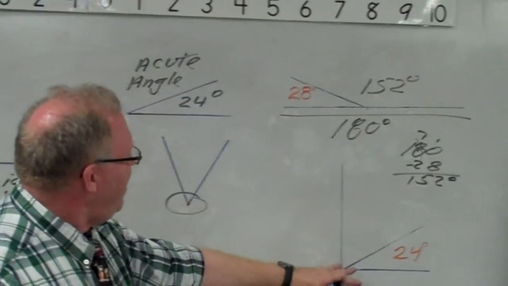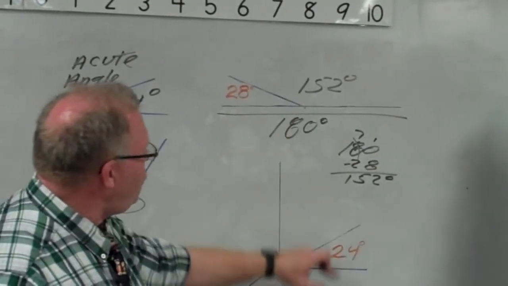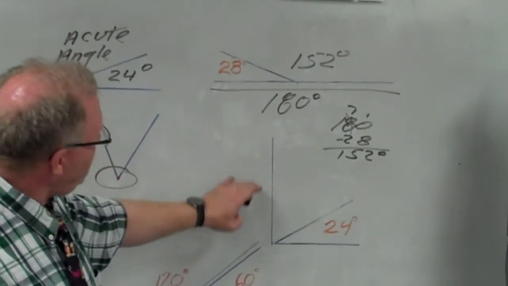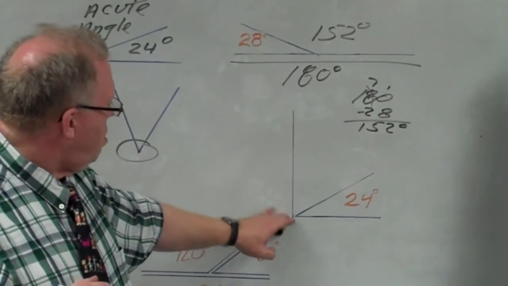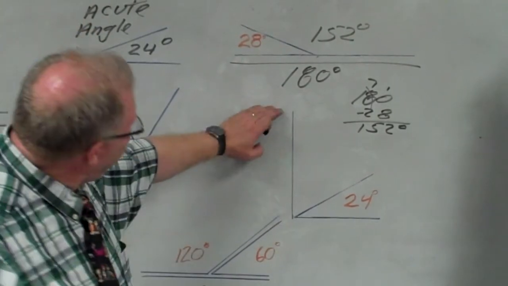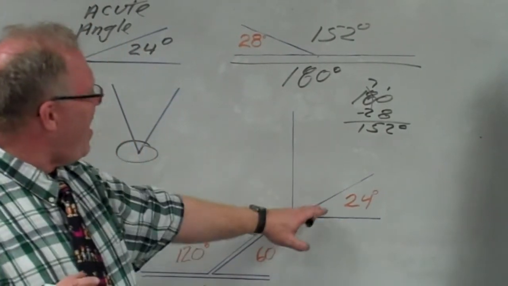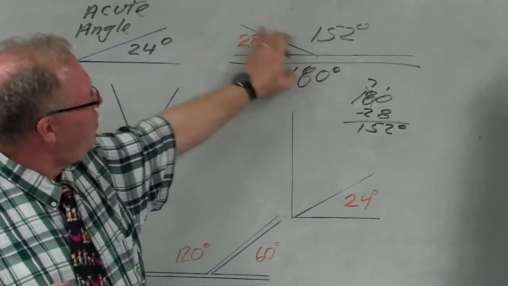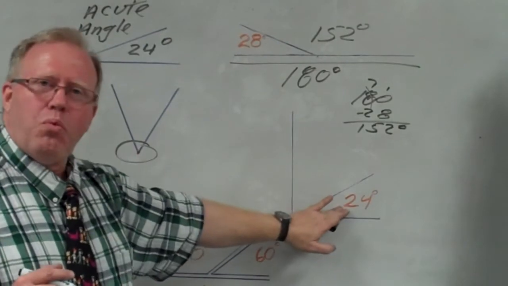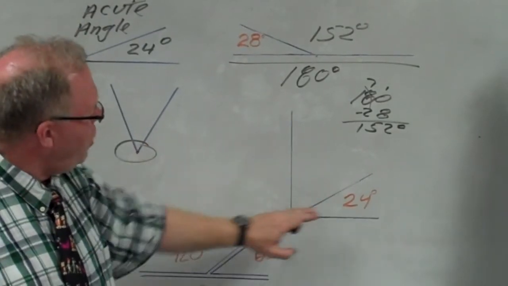Look at this one. How strange that we would have two. This is not an obtuse angle, and it's not a straight edge. Oh, that's right, it's a right angle, because it's got the L there. So that's a right angle. So if I was able to figure out that this was 152 degrees here, this one's 24, but the whole thing is 90.